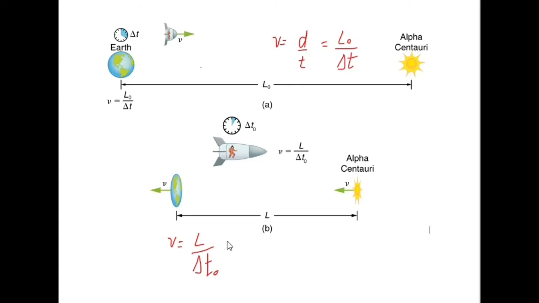So, that is what the astronaut will measure. And this is what the observer on Earth will measure. Okay, these equations are what the observer on Earth will observe. Okay? So, let's move on to the derivation. Take note also that they are the same.